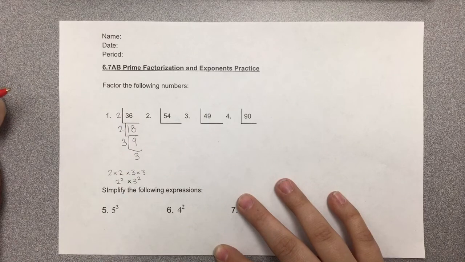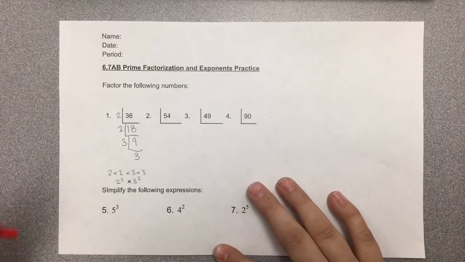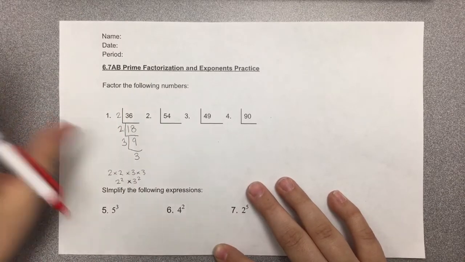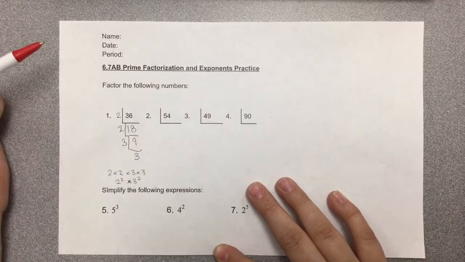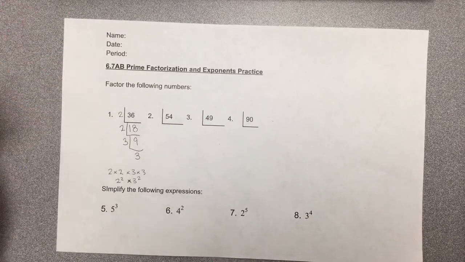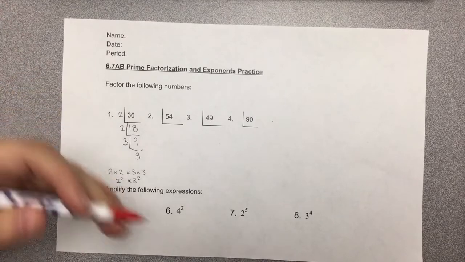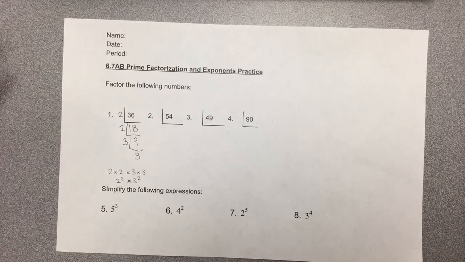Okay, let's look at 54. Again, it's an even number. How about this? I will do the odd numbers. That way it's a little bit less easy. So 49. Now, I know for a fact that 49 is not even, so I definitely can't divide it by 2.